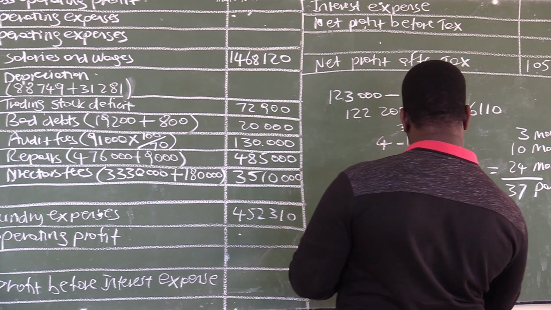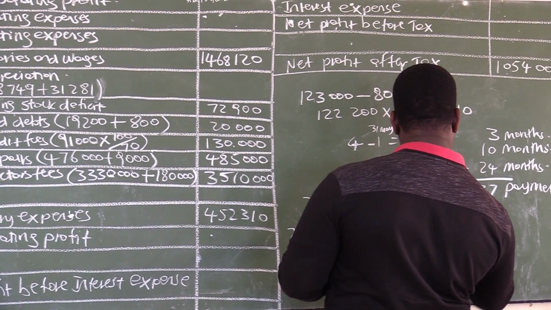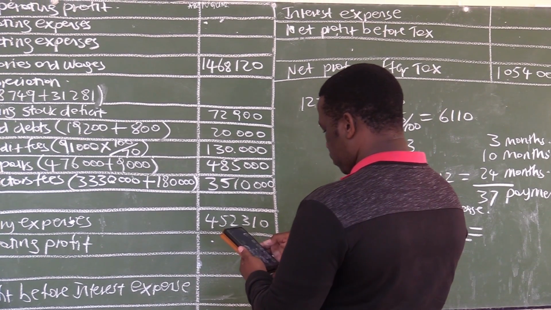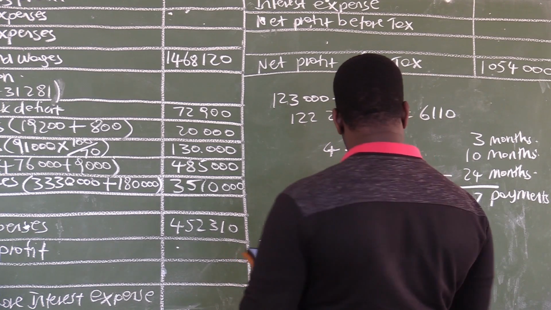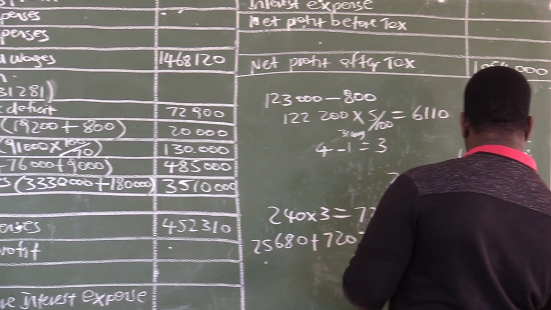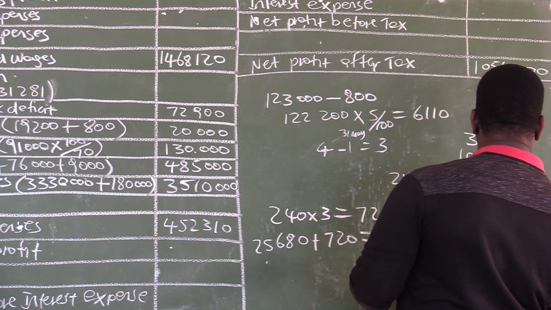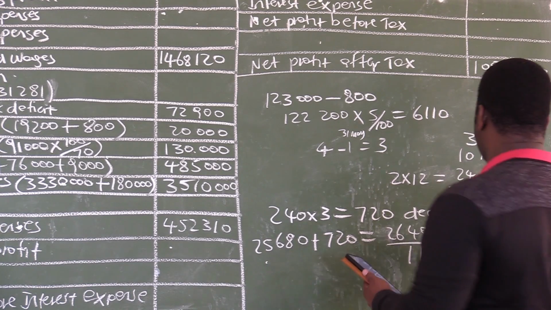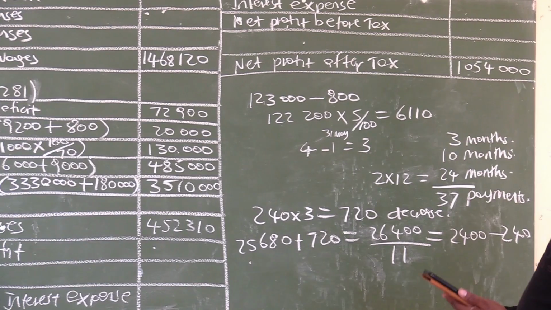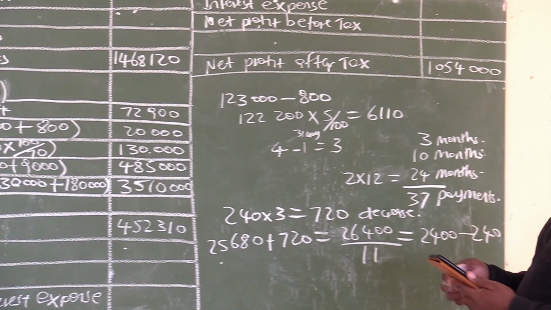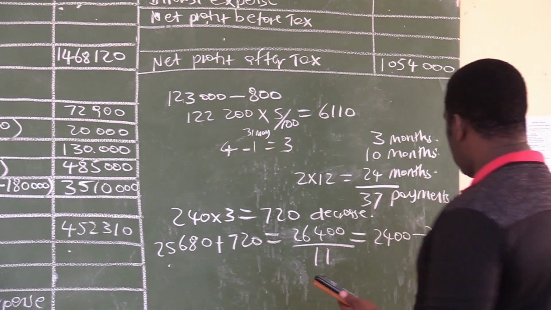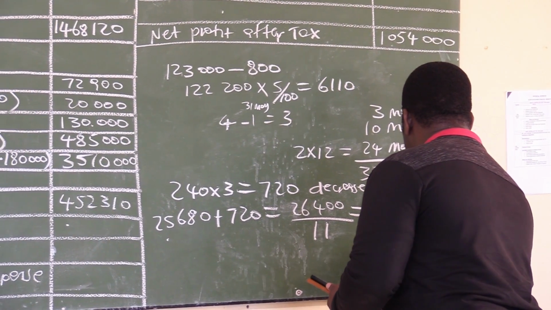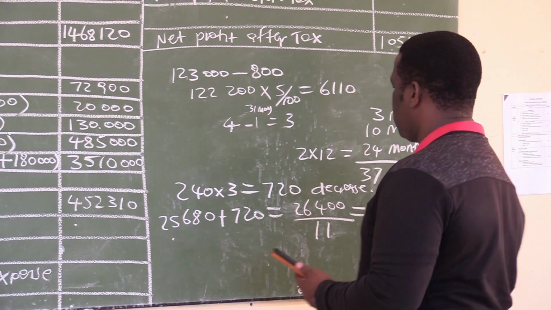And then this 26,400 we divide by 11. Then we get 2,400, minus this 240, because it was 2,400 before it decreased. So it is now 2,160.